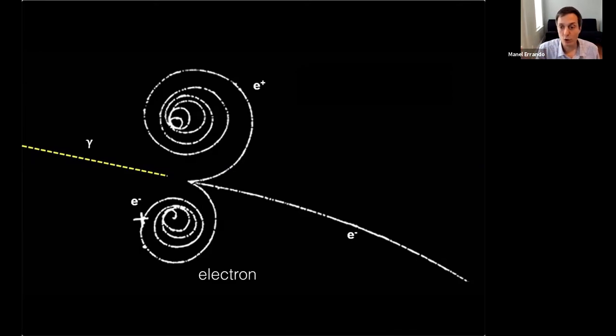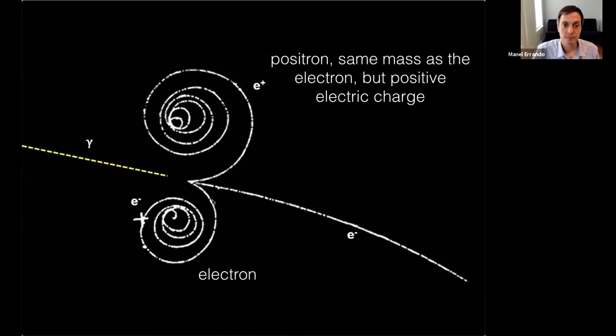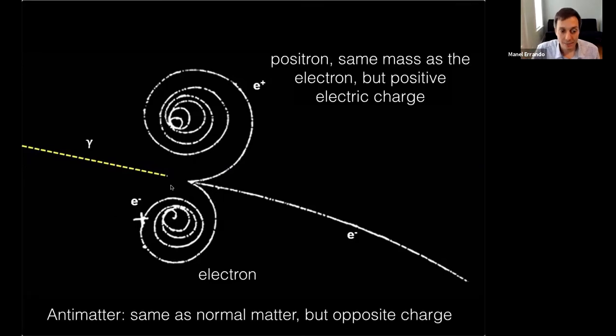So this is what we call antimatter. Antimatter is, again, another generation, if you want, second cousins to the particles that we just talked about, that have the same properties as normal matter. So the electron and the positron have the same mass, but opposite charges.